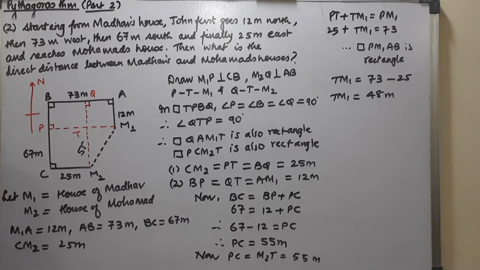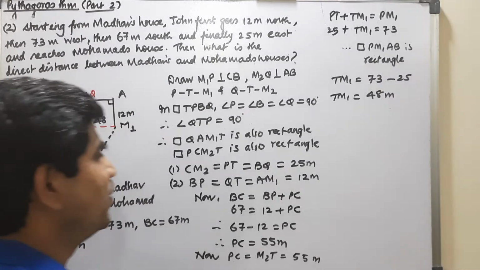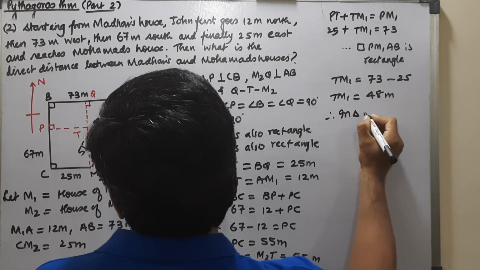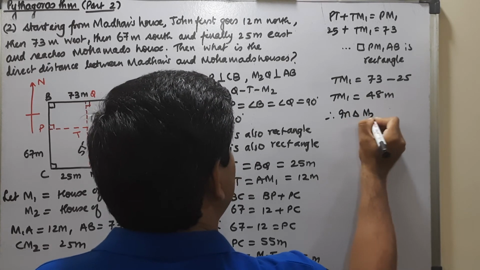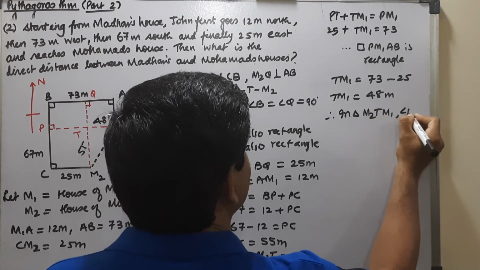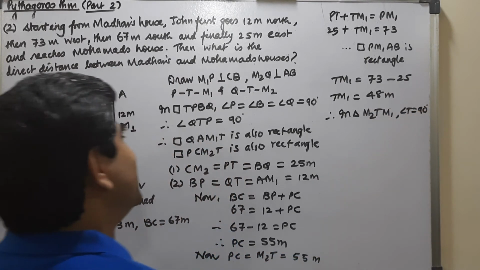So I got this also, right? So I can find the direct distance between Madhav and Mohammad's home. Therefore, in triangle M2TM1, angle T is 90 degrees.